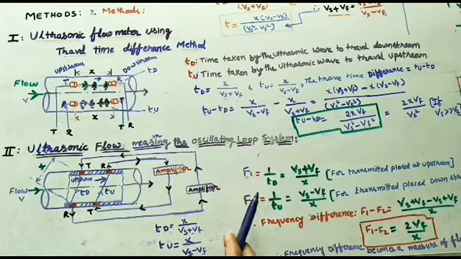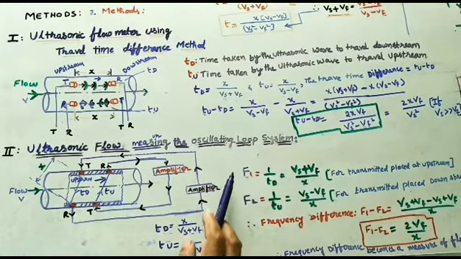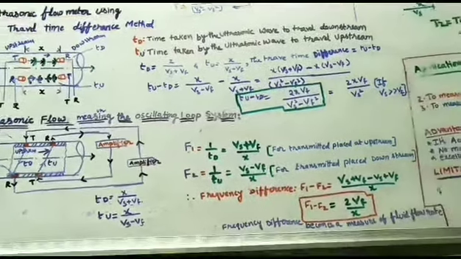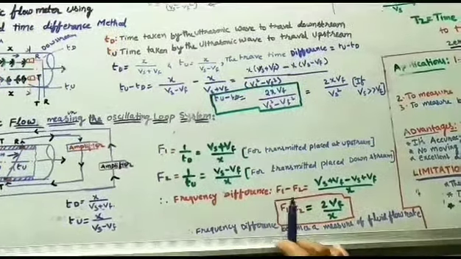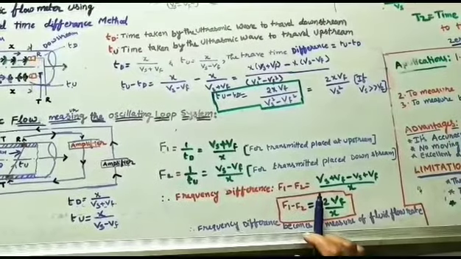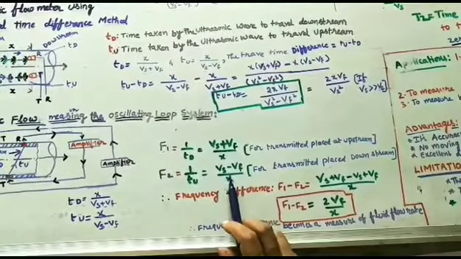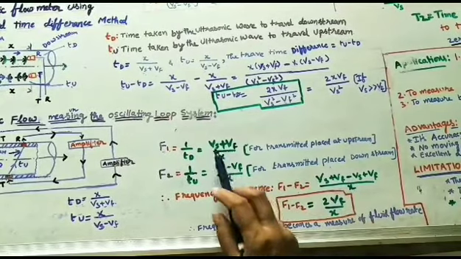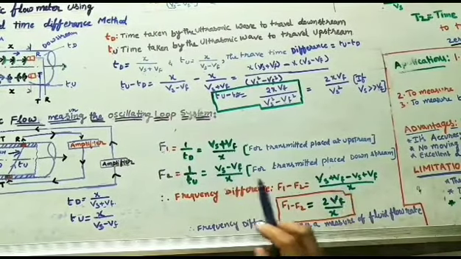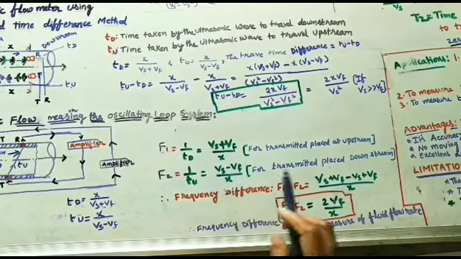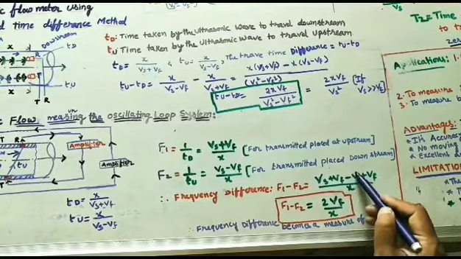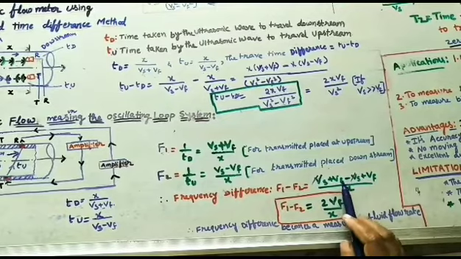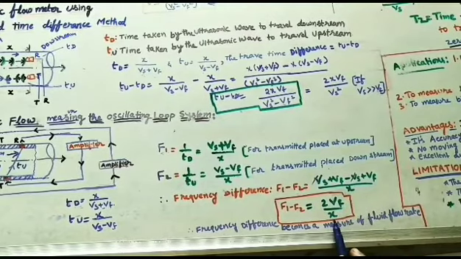The difference between these two frequencies is F1 minus F2. x is common in both, so Vs plus Vf minus Vs minus Vf. Vs and Vs will be cancelled, so we get 2Vf by x.